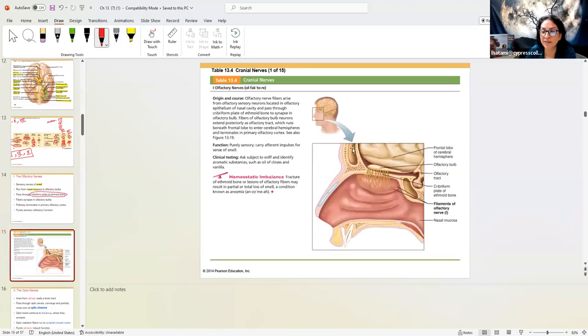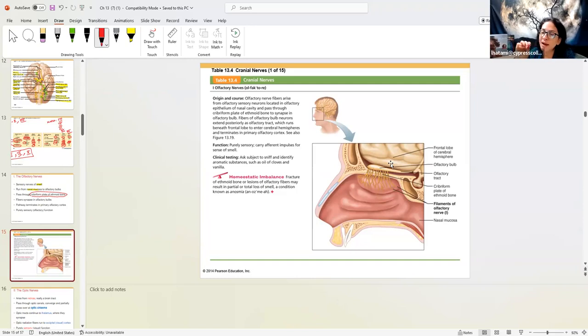So as you can see in this sagittal section of the nasal cavity, at the superior part of the nasal cavity we have the nasal mucosa, which is composed of the receptors. They are sensitive to smell. They collect the sensory information, and then these axons or fibers pass through the cribriform plate of the ethmoid bone.